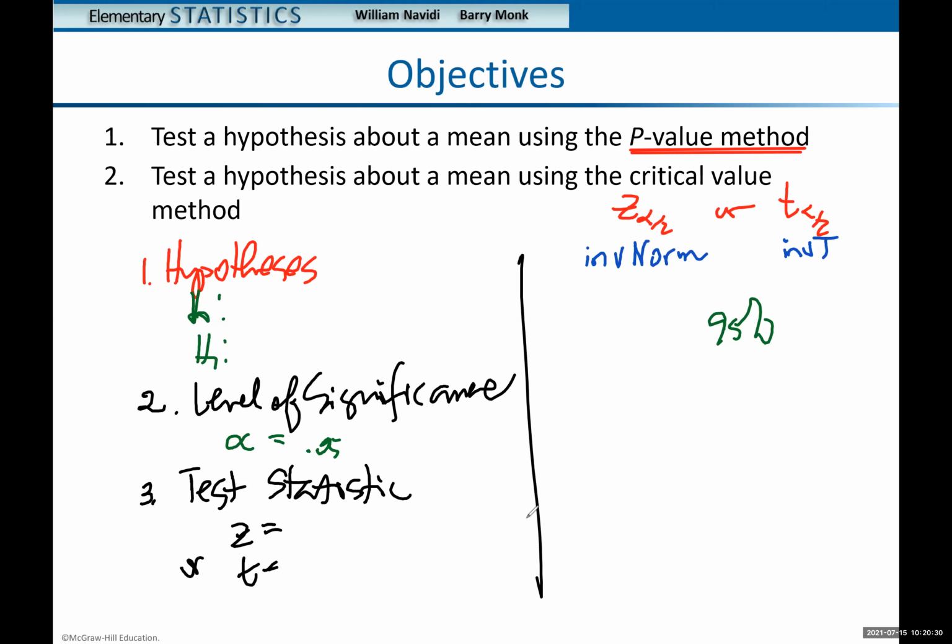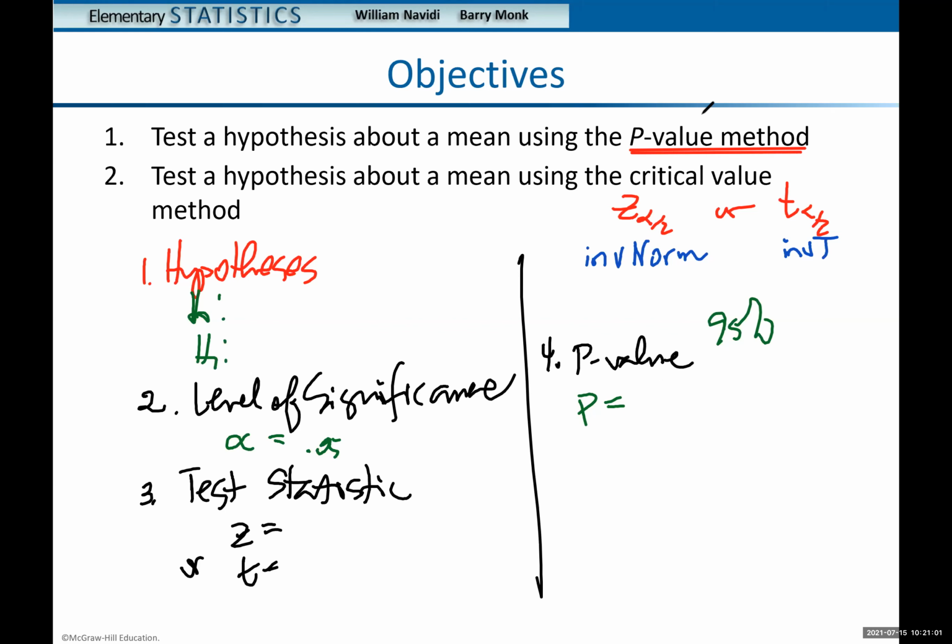So for now, chapters 8, 9, 10, and 11 is either Z or T. That's why make sure that you use the correct shortcut. And then step 4 is the p-value. That's why we're going to use a p-value method. What is your p-value here? And the p-value is also, you will see it from your calculator.